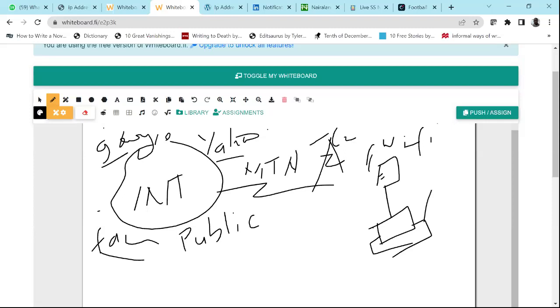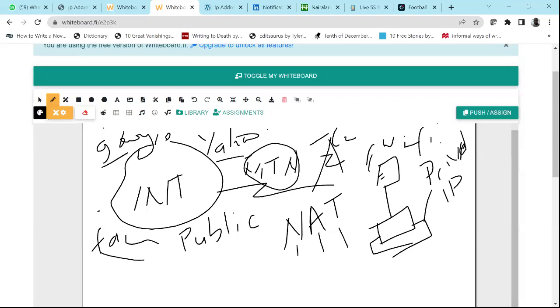But you sitting down here, what you're going to have is a private IP. So what happens is that there's a translation between the private IP and the public IP that your service provider, MTN, is going to give you for the purpose of you browsing the internet. And that process is called NAT, which is Network Address Translation.